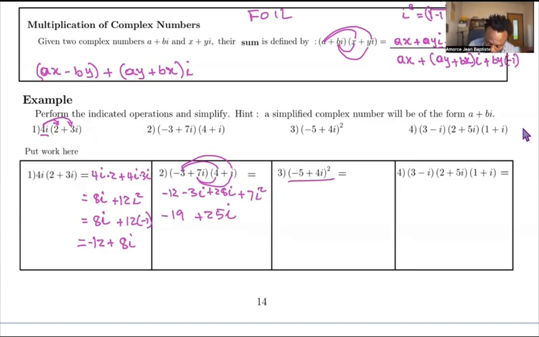So here's another example. It's negative 5 plus 4i squared. So it's going to be negative 5 plus 4i times negative 5 plus 4i, right? And then FOIL this, that's going to be positive 25.